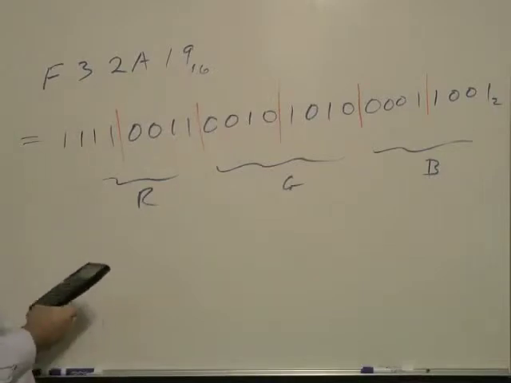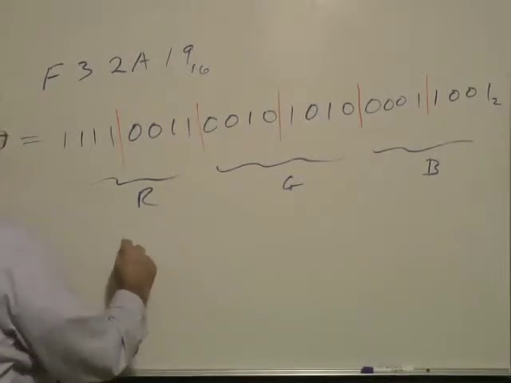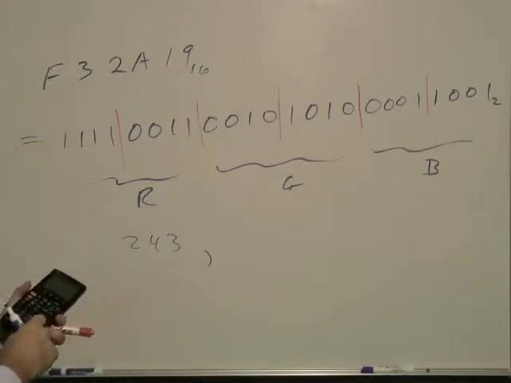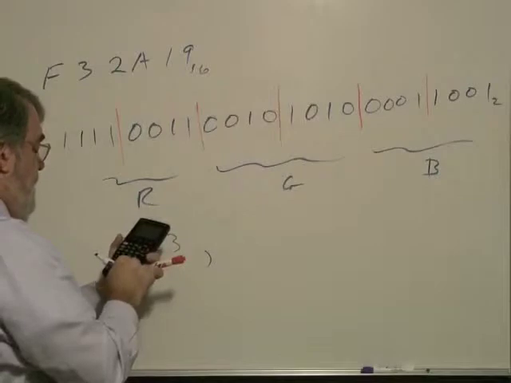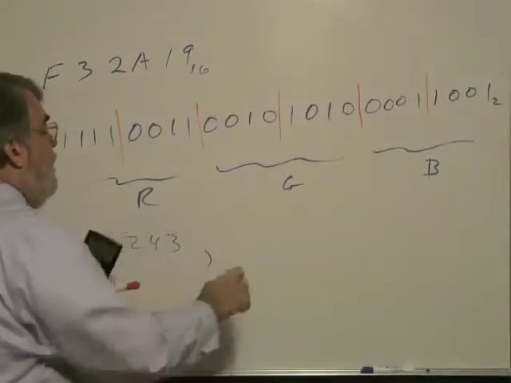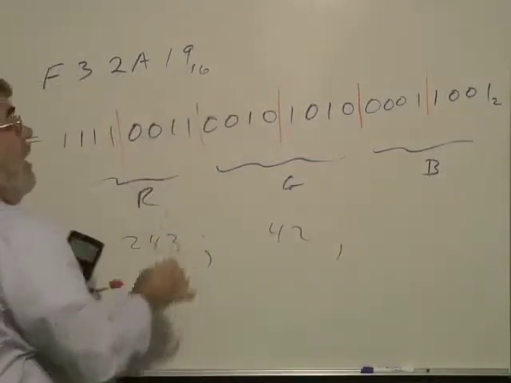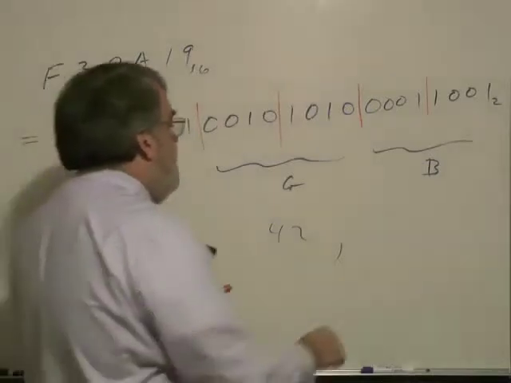So that would be 243 for red. For green, 2A would be 2 times 16 plus A is 10, plus 10. So that would be 42. And blue would be 19, so that would be 1 times 16 plus 9 is 25.